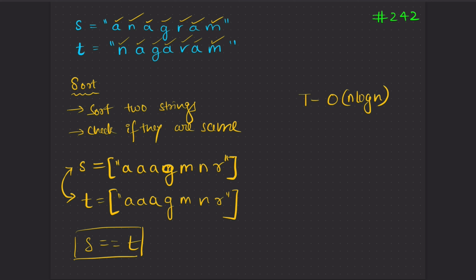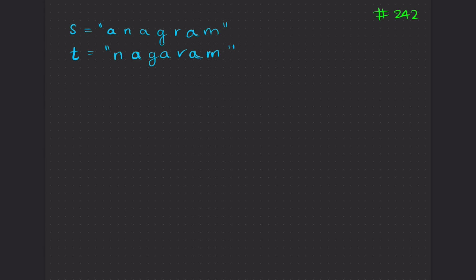While this is an n log n time complexity solution, it is an O of one space solution, because this depends on the sorting implementation we use, but it usually costs O of one auxiliary space if heap sort is used. Okay, that's the first approach, that's sorting. Let's look at the next approach.